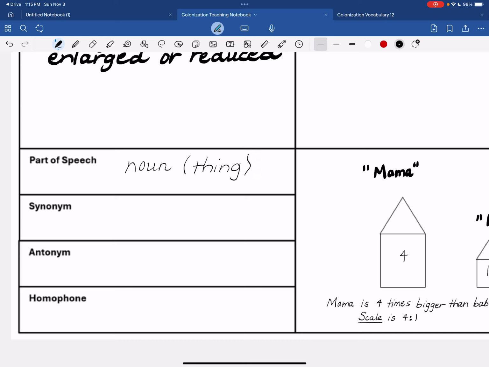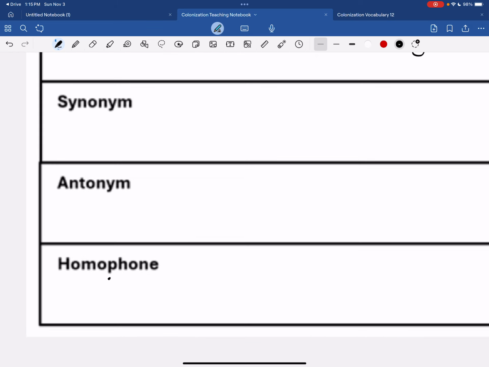And I do want to show you some homonyms of the word scale. A homophone is a word that sounds the same. Remember, phone refers to sound, and homo refers to same. But we don't have words that sound the same but are spelled differently.